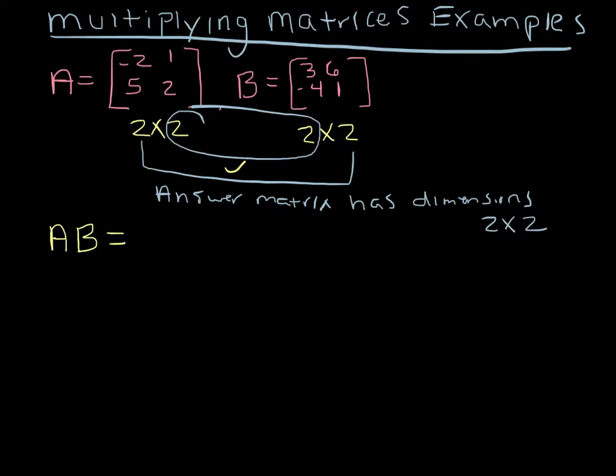So what I'm going to do is, I know my answer is going to be a 2 by 2, and I'm going to get that set up. I want to show you the computations in the matrix itself. So I know it's a 2 by 2. I'm going to dash in the regions here.